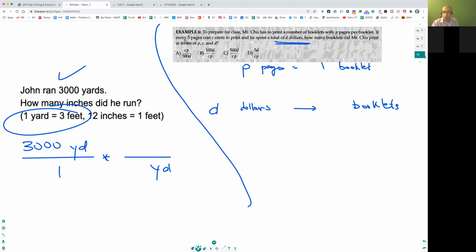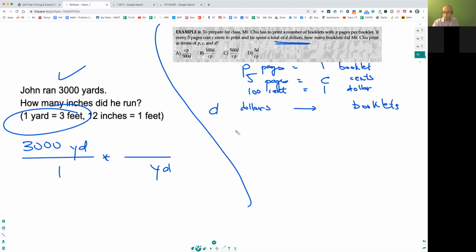Then you got 5 pages is equal to C cents, right? And then you also know that 100 cents, guys, is equal to $1, okay?